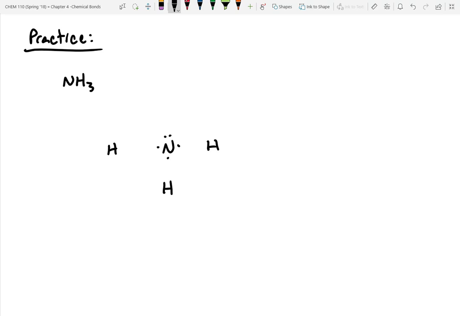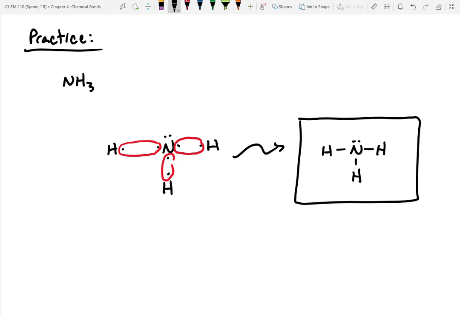How many for hydrogen? 1. So I go 1, 2, 3. Again, we compare these up like that. And now we can redraw this using bond lines, showing those bonding pairs of electrons. And we can't forget the lone pair on nitrogen that's left over like that, right? So this would be our overall Lewis dot structure for ammonia, NH3.